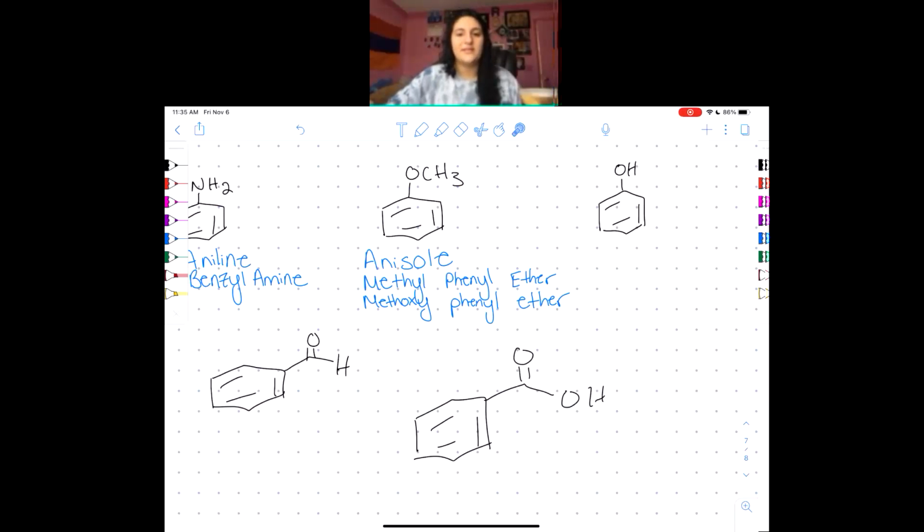So methoxyphenyl ether is usually the favorable one. But some textbooks will say no, methylphenyl ether is the more correct naming. Last time I talked to him, Dr. West said either of them is correct, even though he usually uses methoxyphenyl ether. So that's why I tend to give you both in this example.